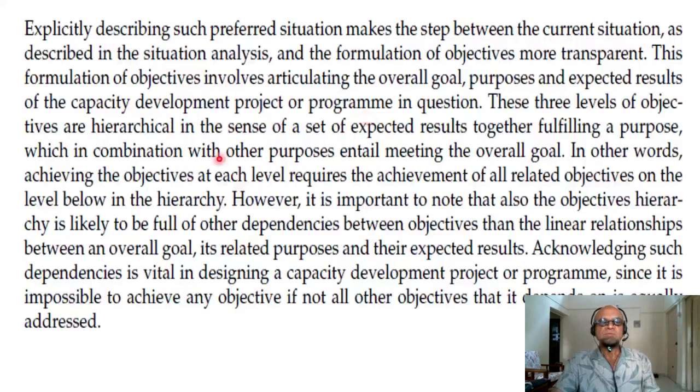These 3 levels of objectives are hierarchical in the sense of a set of expected results together fulfilling a purpose, which in combination with other purposes entails meeting the overall goals. In other words, achieving the objectives at each level requires the achievement of all related objectives on the level below in the hierarchy. So you cannot go forward unless everything at that level and below has been met.